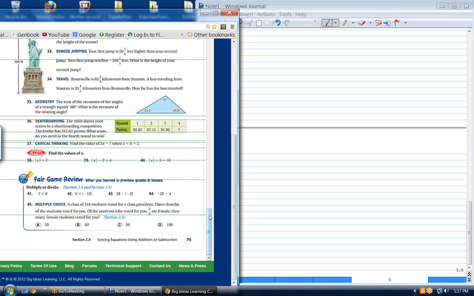I think that audio came on when I got the slide bar all the way to the bottom. Let's see on mine. How did it know we were on the bungee jumping question? I didn't put my cursor over that at all.